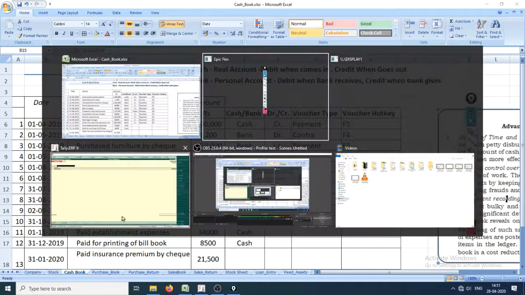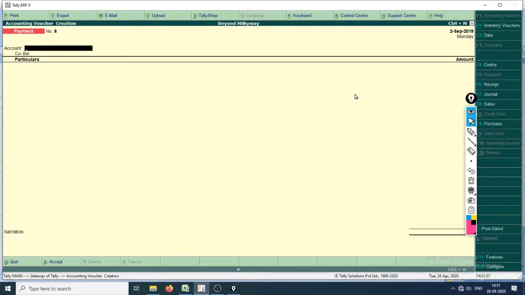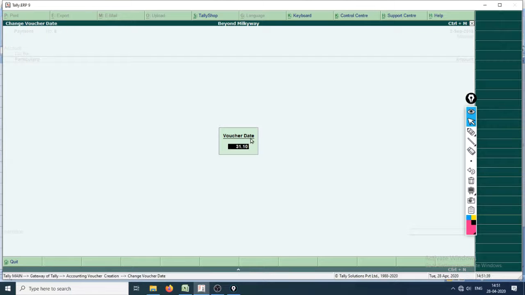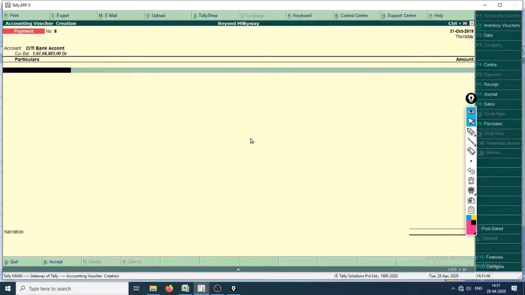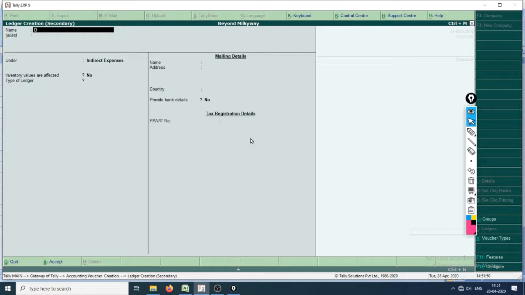Yeah, 31-10. F2, 31-10-19. You don't have to enter 19 because we are in that year only. Citibank is used. Which account? Drawings, right? We don't have drawings.